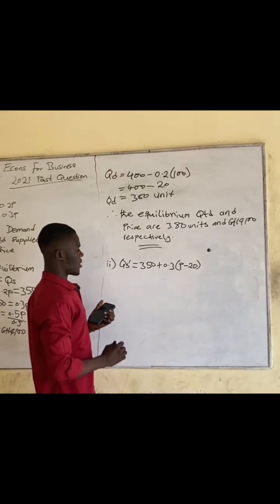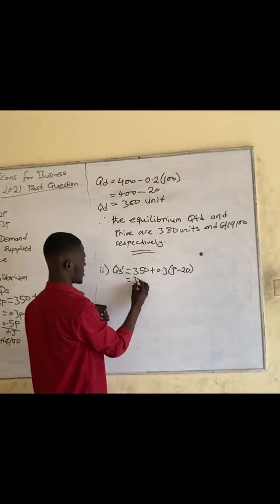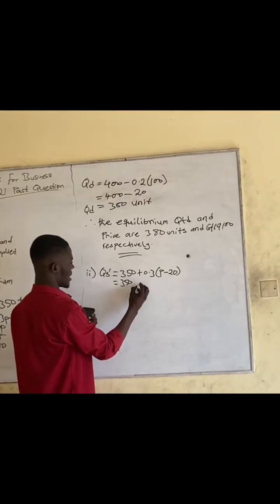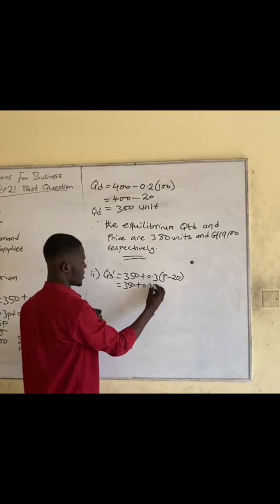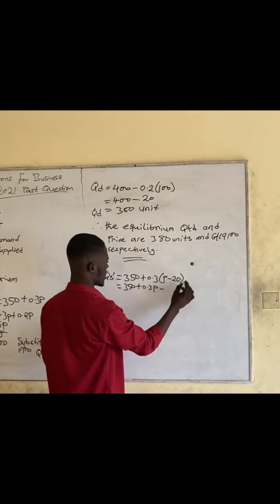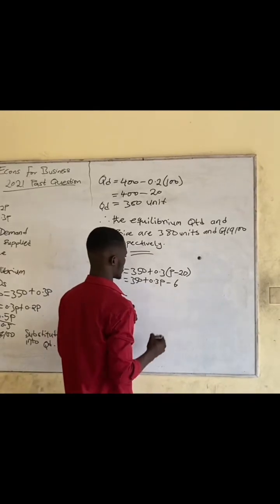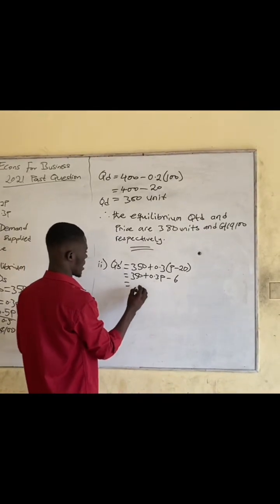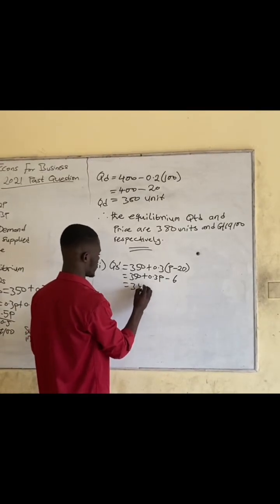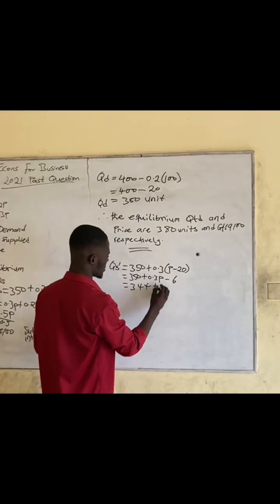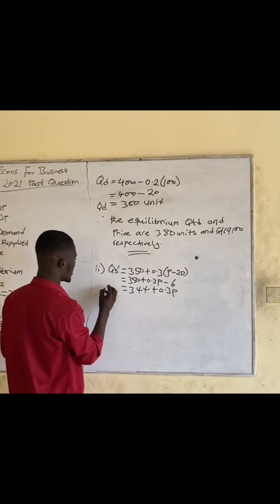Here you do the basic mathematics: 350 plus 0.3P minus 6, which gives 344 plus 0.3P as our new quantity supply equation.